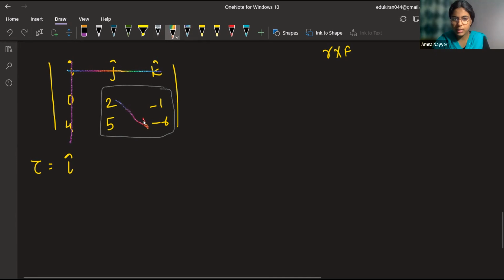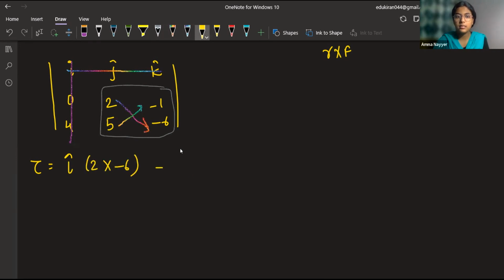First go with this diagonal, then go with this diagonal. So that means you will write 2 into minus 6 minus what? Minus 1 into 5. Is it clear?